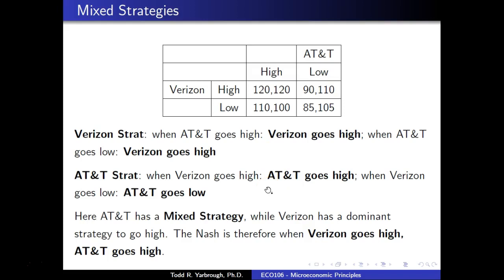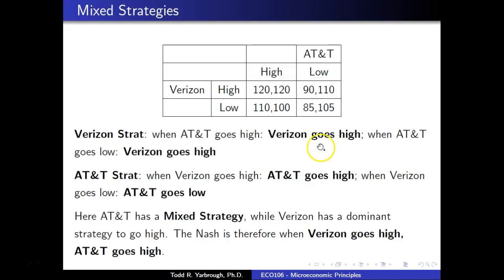So again, AT&T wants to go high when Verizon goes high. AT&T knows that Verizon's going to go high. Therefore, the Nash equilibrium is for both players to go high. And again, we can check any other outcome of the game to see if there are other Nash equilibria, and we won't find any.